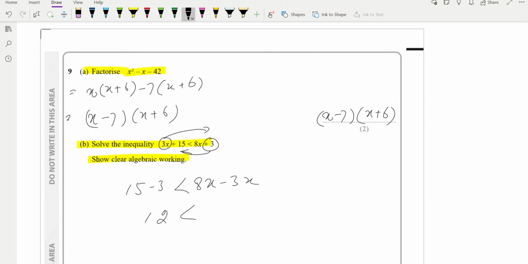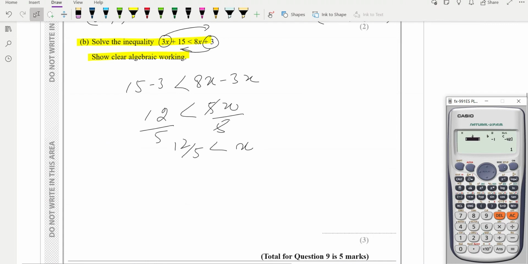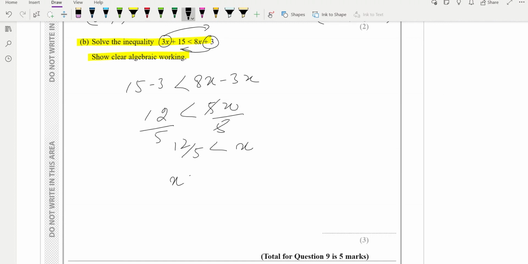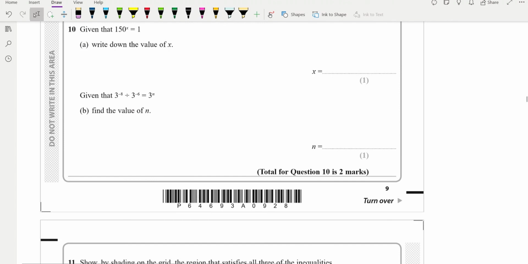So this side will be 12 is less than 5x, and we can divide both sides by 5, so x is greater than 12 over 5, and 12 over 5 means what? 12 divided by 5 is equal to 2.4, so x is greater than 2.4. This will be the solution for this inequality. This is done.